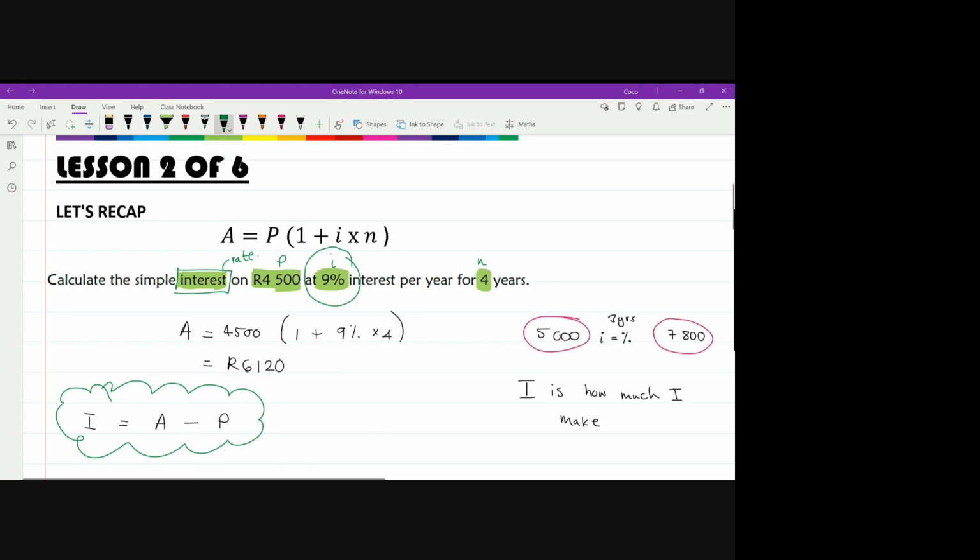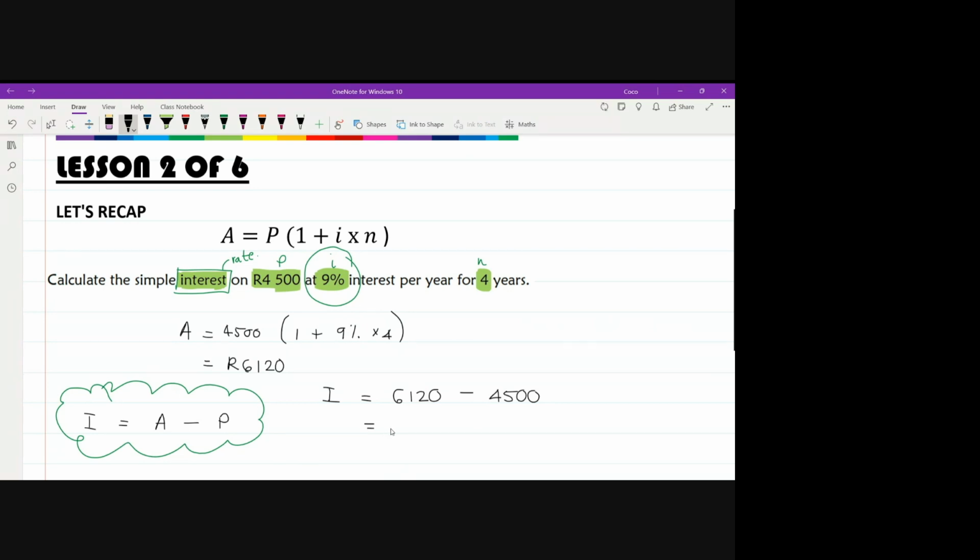If we take the exact question that we've just done and calculate for the interest, interest is equal to my A value, which is what we've just calculated, 6,120 Rand, minus my original amount, which is 4,500, my principal amount.